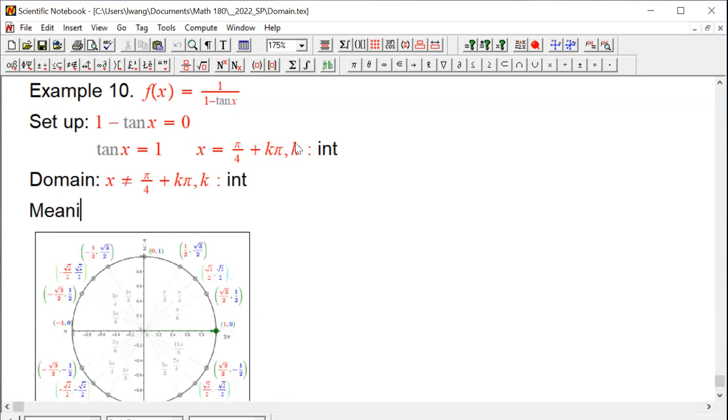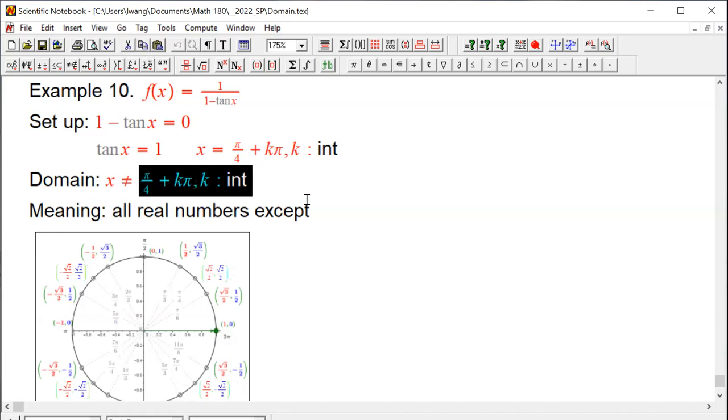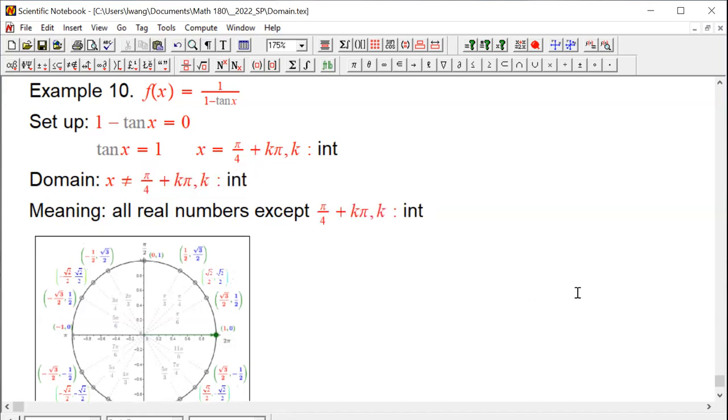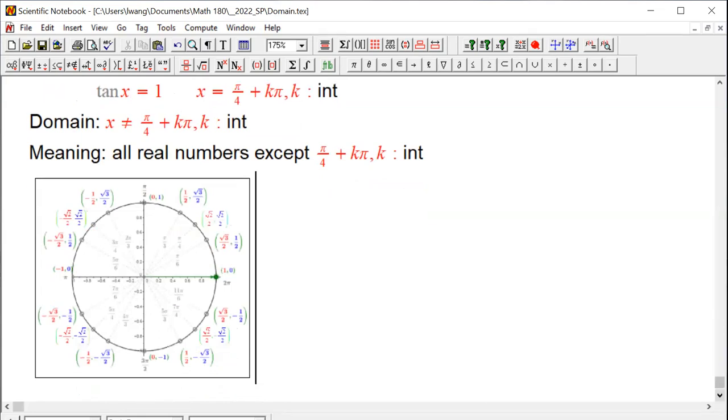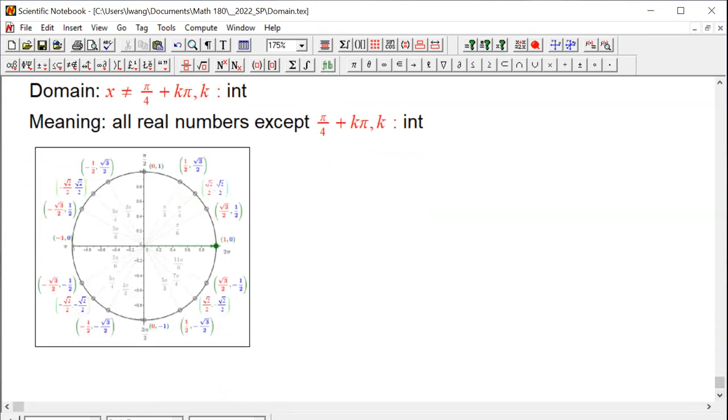The meaning is that it's all real numbers except these numbers that cannot be in the domain. For the other way of setting up, you can also work it out.